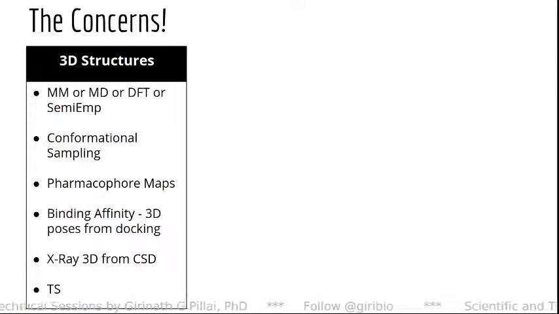And then you can also get it from conformational sampling, understanding which is the best global minima or local minima, but we always go for global minima, and then pick up the conformations. Pharmacophore, of course, for pharmacophore also you generate conformations, but you end up with a pharmacophore conformation which is similar to your reference molecule. So that is also a 3D geometry.